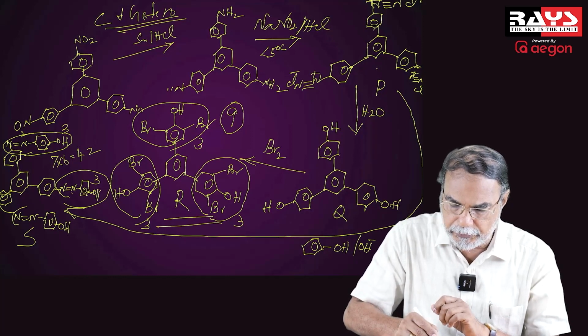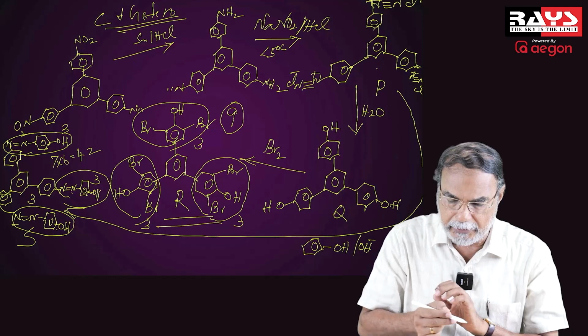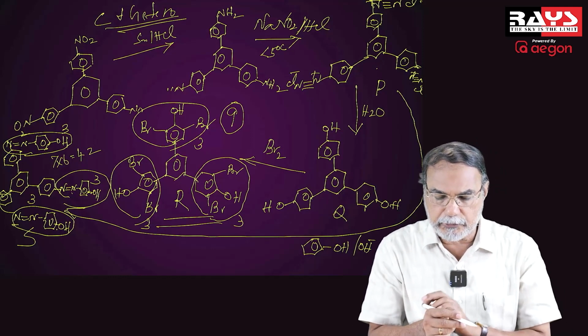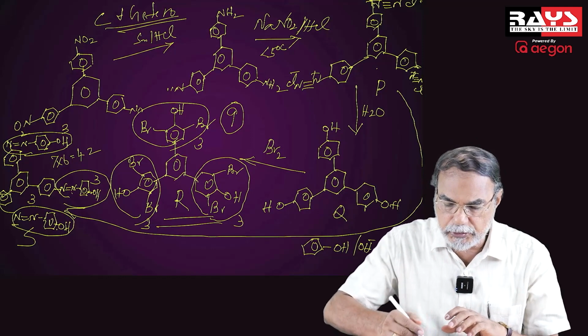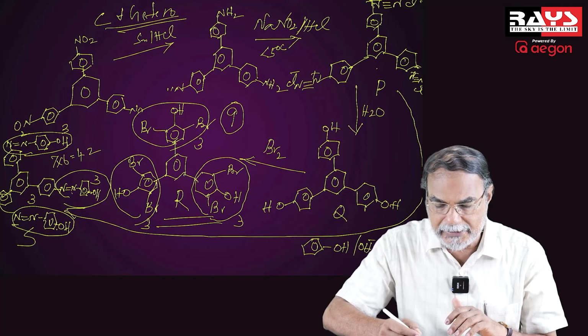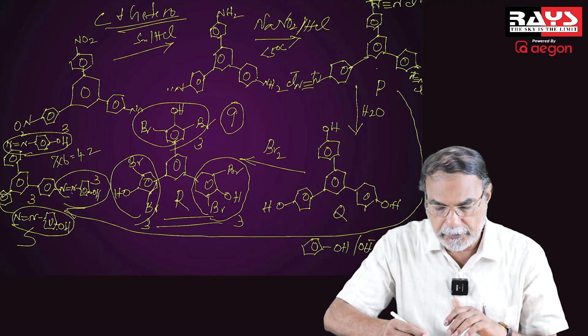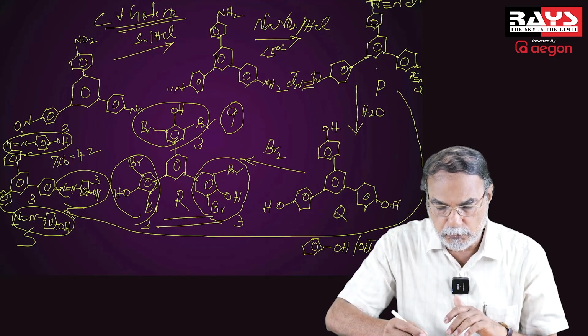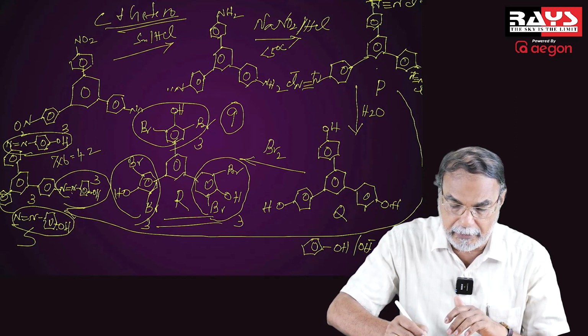And in this unit also, you have 2 nitrogen atoms and 1 oxygen atom. That means 3 heteroatoms in each of the azo structures present in the compound. So 3 into 3, that is equal to 9.